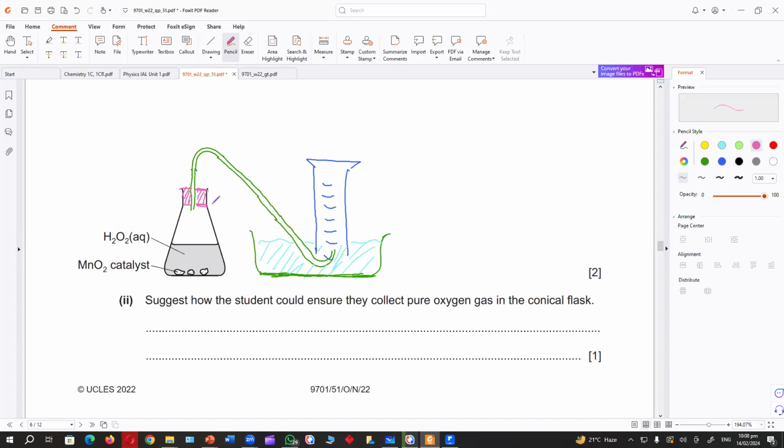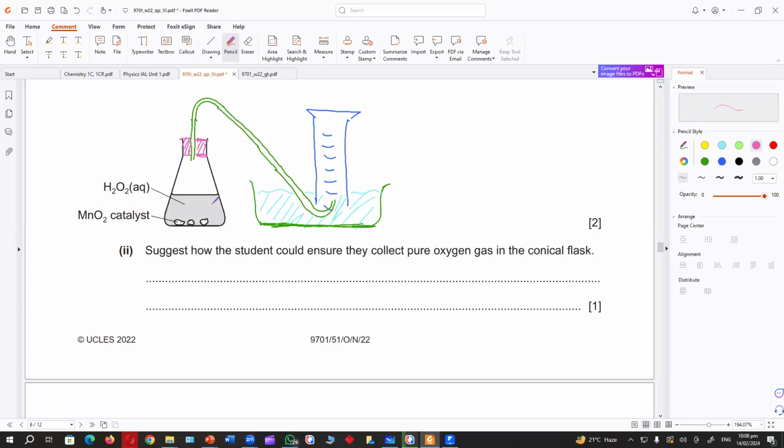Suggest how the student could ensure they collect pure oxygen gas in the conical flask. So whenever you are using a syringe apparatus or any gas collection apparatus and you pull air in it, when you first pull it in, it will always be air.